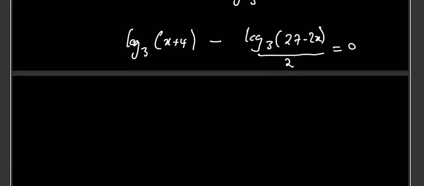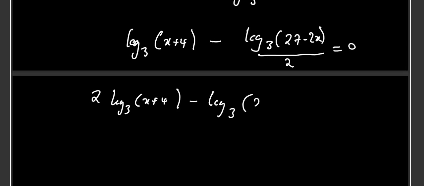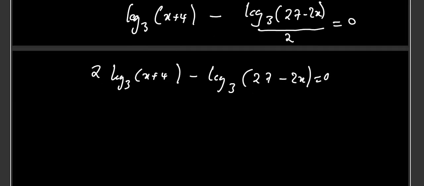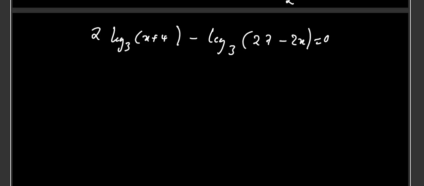Then from here, I'm simply going to multiply everything by 2 to get rid of this fraction. This is going to become log 3 of x plus 4 minus log 3 of 27 minus 2x is equal to 0. And from here, we don't want to see anything in front of the log, so I'll take back the 2 there using this rule.